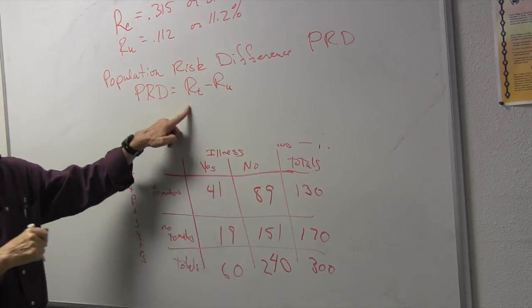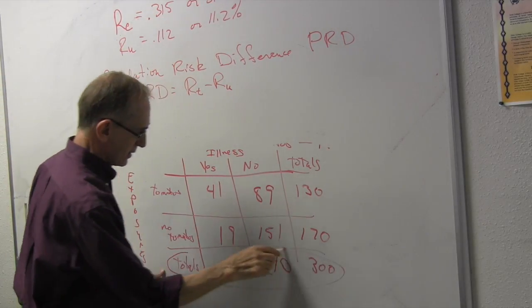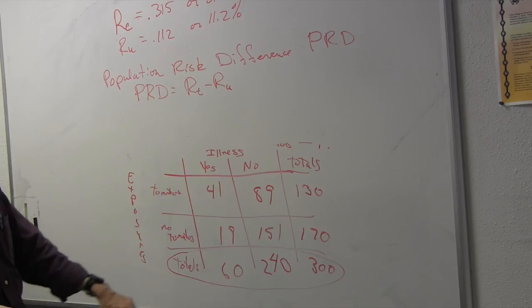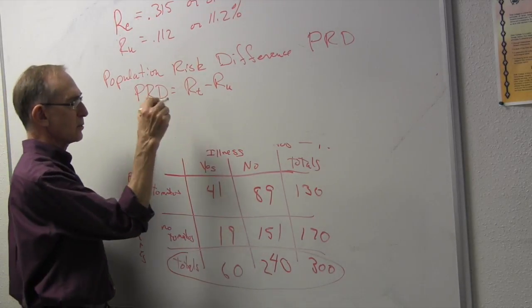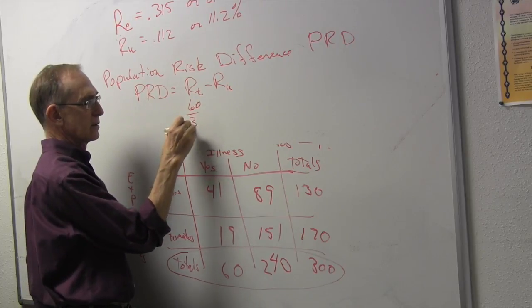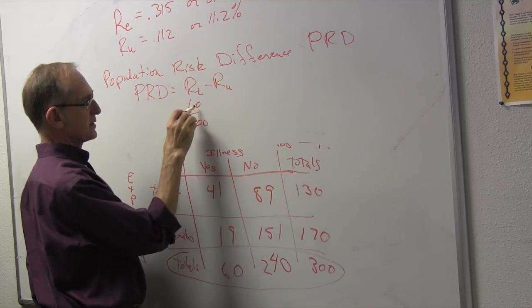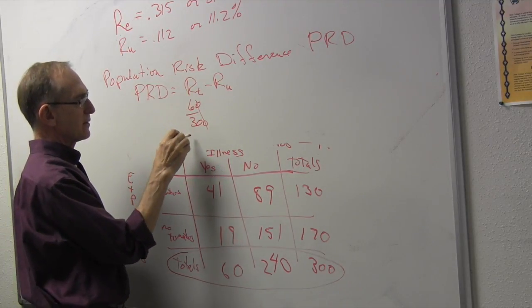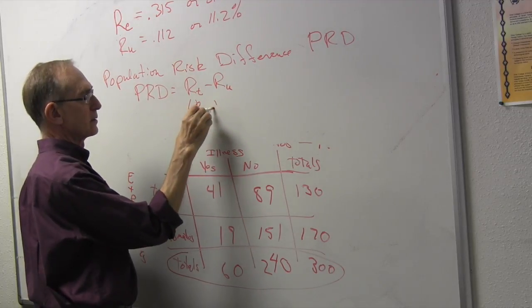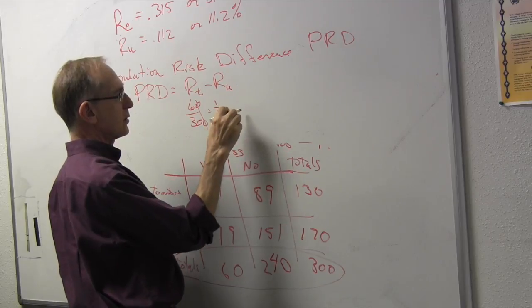So this is a rate we have not calculated yet. We have to use the bottom, the totals row to get that. 60 people got sick out of 300. That's the total rate. So let's figure out what that is. 60, so cancel that. 6 over 30 is 1/5. And 1/5 is 20% or 0.20.